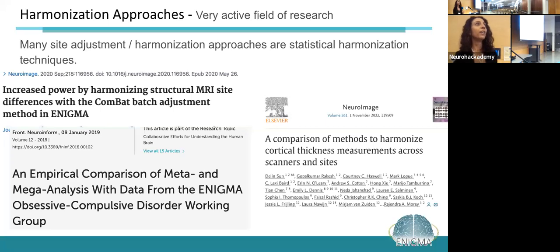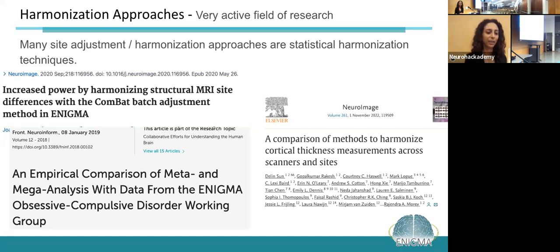Sorry? Do you have any papers on diffusion, what level of harmonization for tractography? Tractography is a very challenging one.